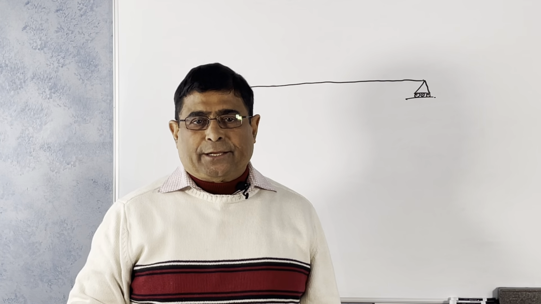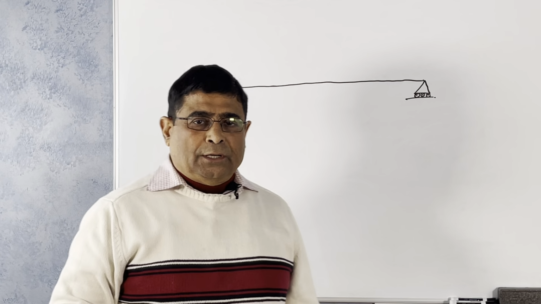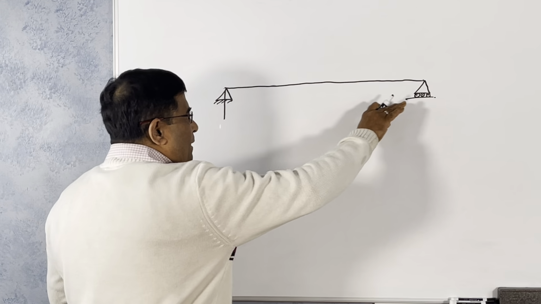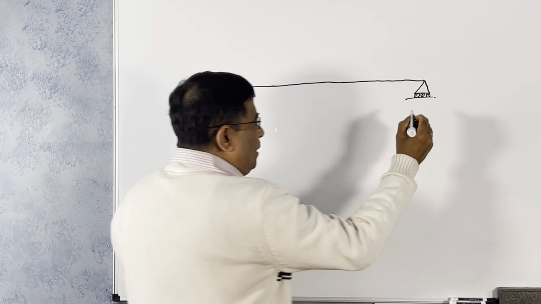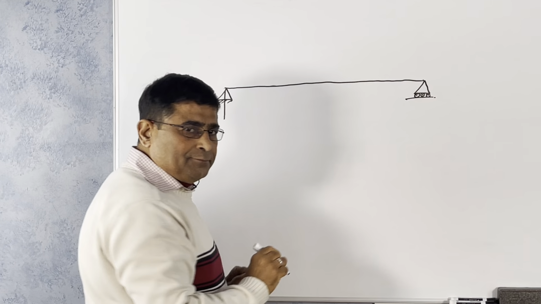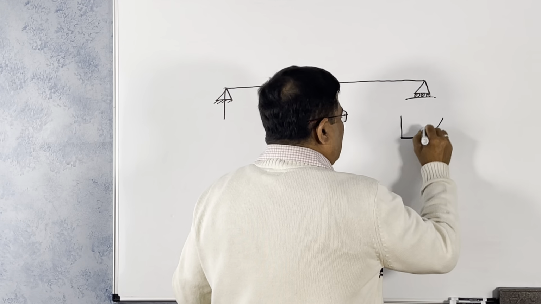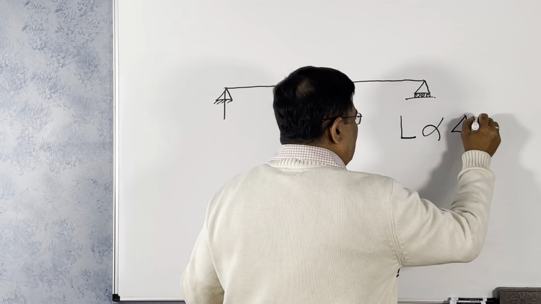I told you earlier, in one of the lectures, probably video number 2, why we make it roller supported: because we allow it to freely move in this direction. This is because of the L alpha delta T factor.